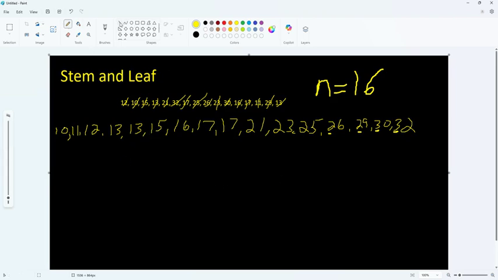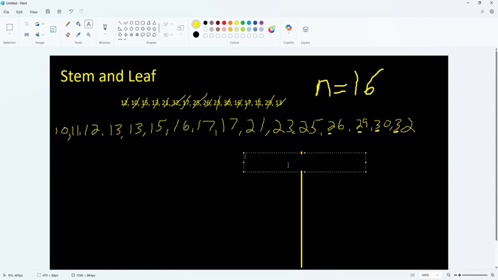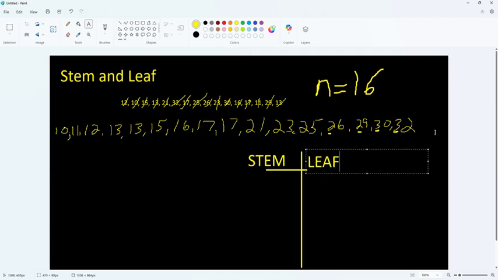And we're going to make a little table like this, and right here will be the stem. Let's shrink that, and move it up a little. Okay, that's our stem, and then over here is our leaf, L-E-A-F.